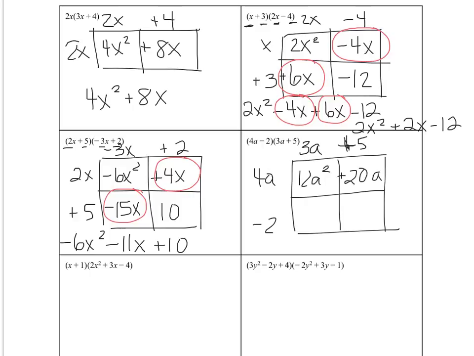I'll add the pluses. Negative 2 times 3a, that's negative 6a. Negative 2 times positive 5, that's negative 10. I notice again that I have like terms here, so I'll combine those when I take it out of the box. So I've got 12a squared plus 14a minus 10.